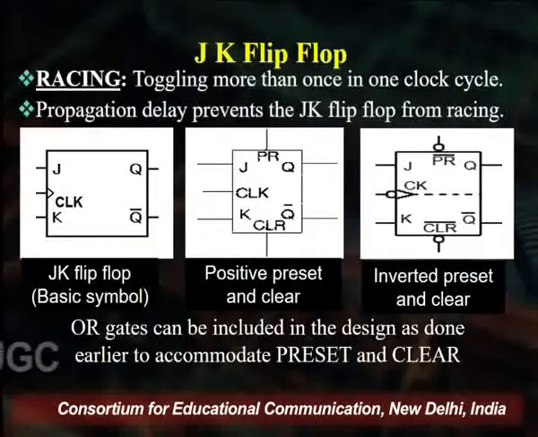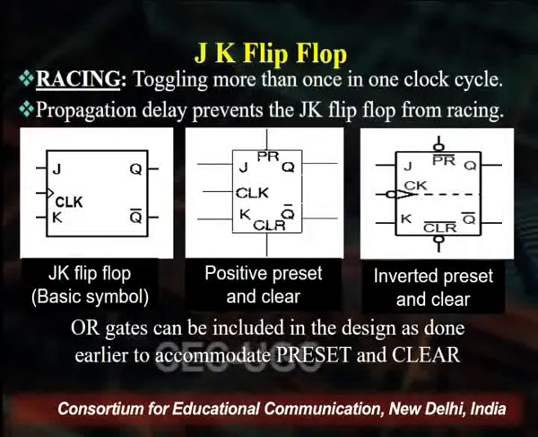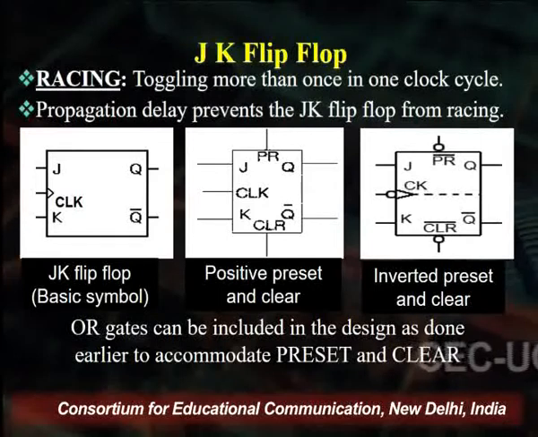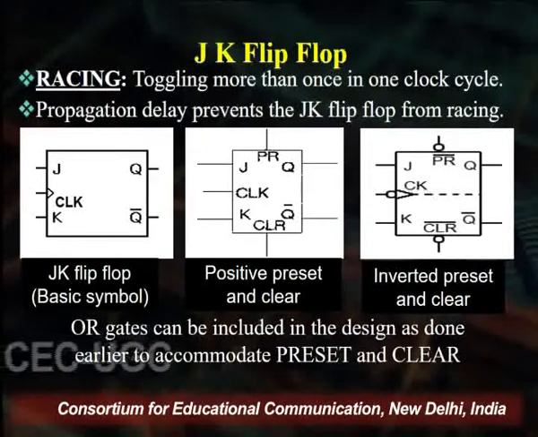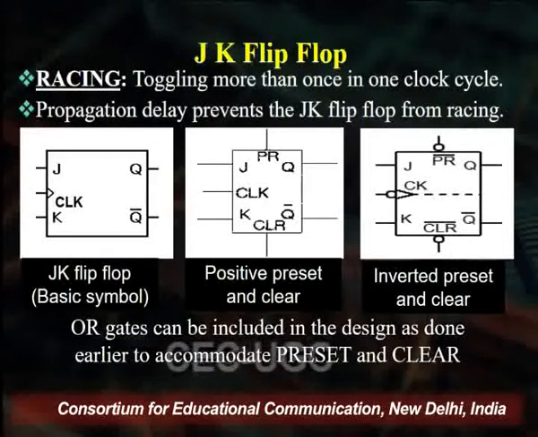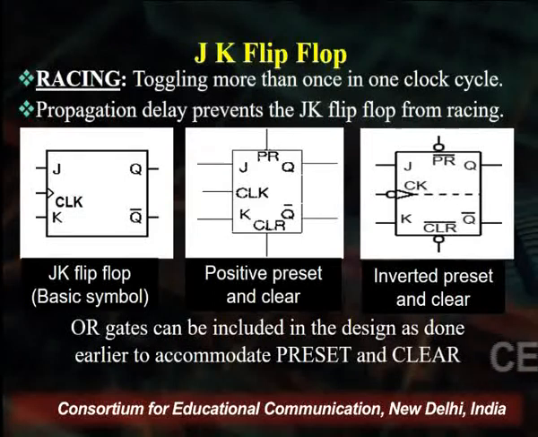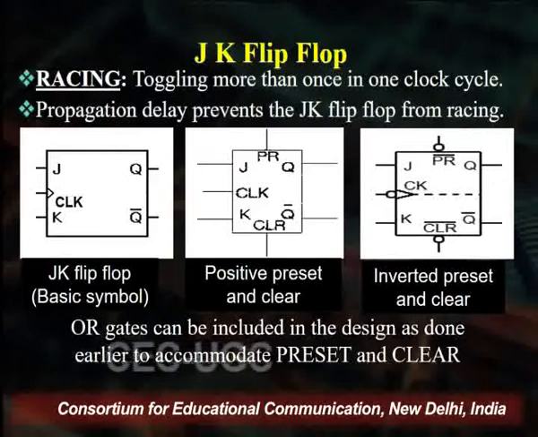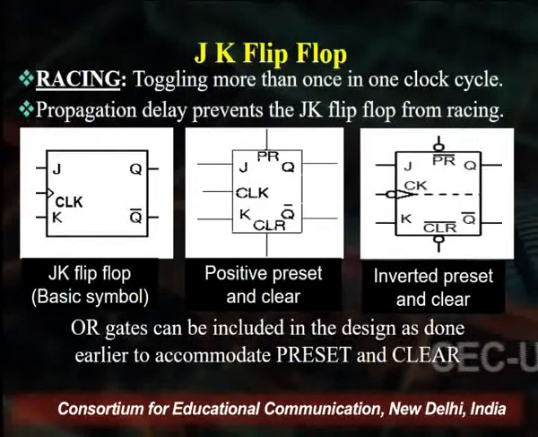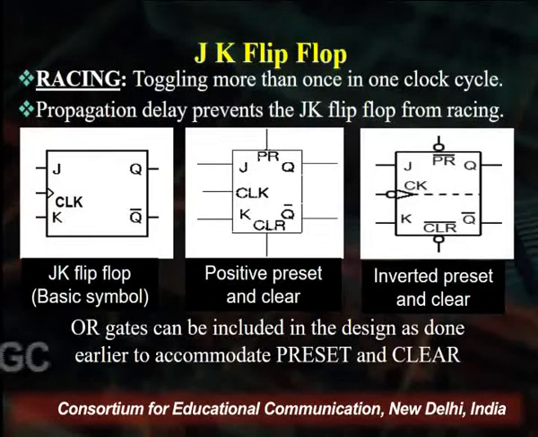So there occurs a problem of racing with this toggling. If the toggling happens more than once during one clock cycle, then we have the problem of racing. That is, the user, that is us, we cannot infer for sure that the output of the JK flip-flop was 1 or 0 when J equal to K equal to 1.